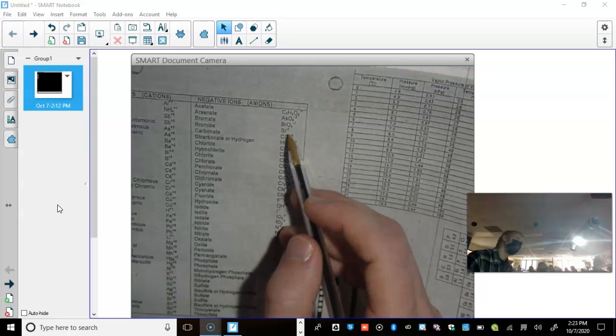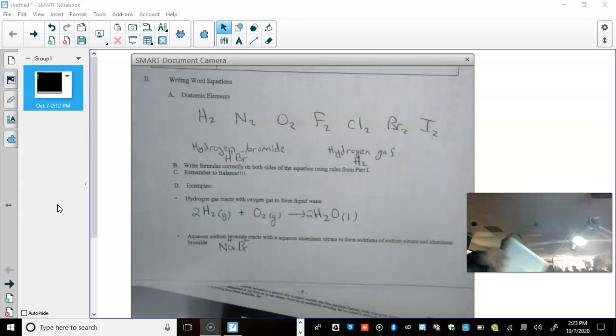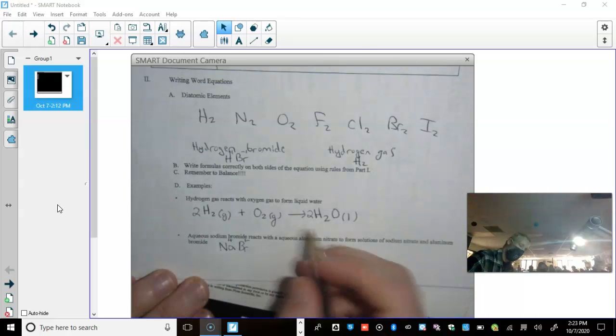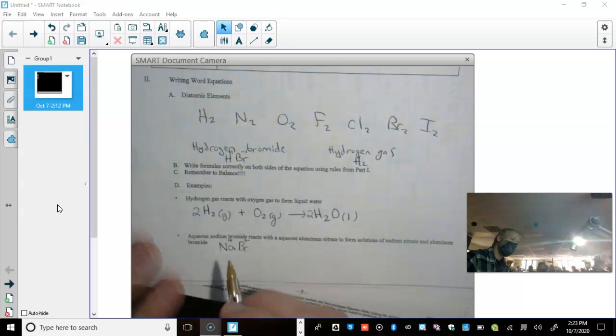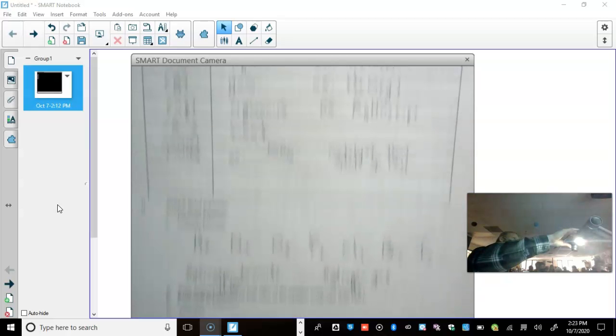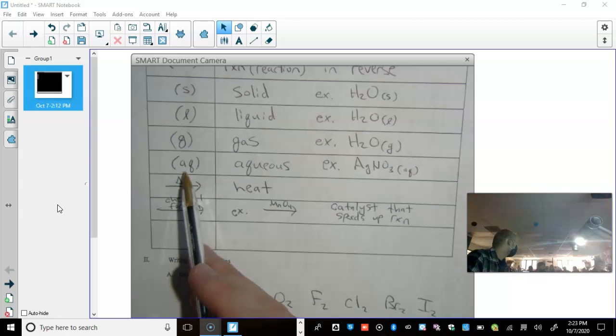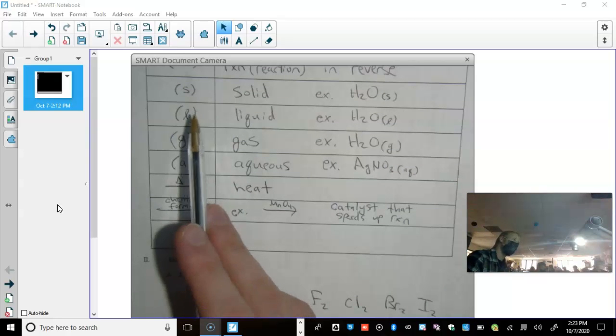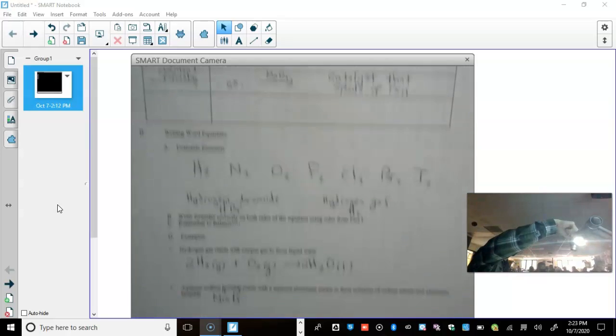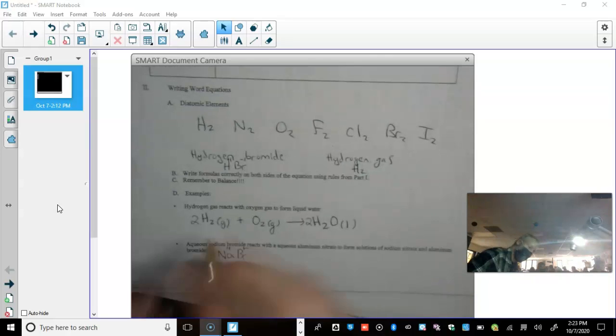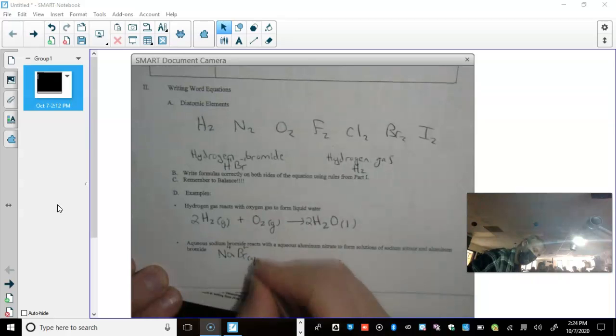Well, bromine is spoken as bromide in the name. All right. Oh, it's aqueous. So if something's aqueous, what state of matter do we write it as? Aqueous is AQ, so we're going to put a little AQ at the bottom.